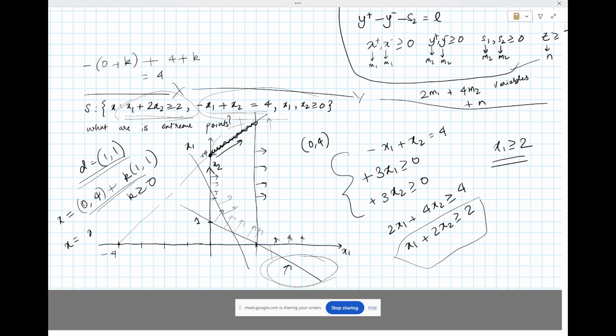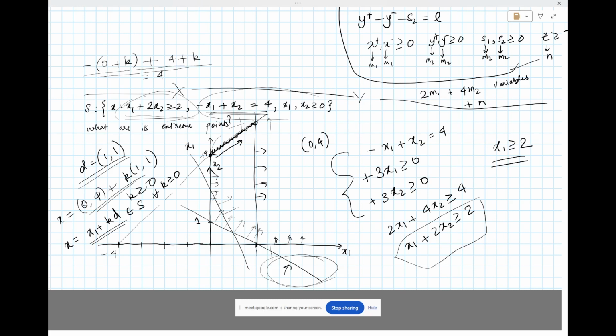Yes, sir. So x1 plus kd will always belong to S for all k greater than or equal to 0, and x1 is 0 comma 4 and d is 1 comma 1. So I substituted this point in my second inequality, and then I get this.